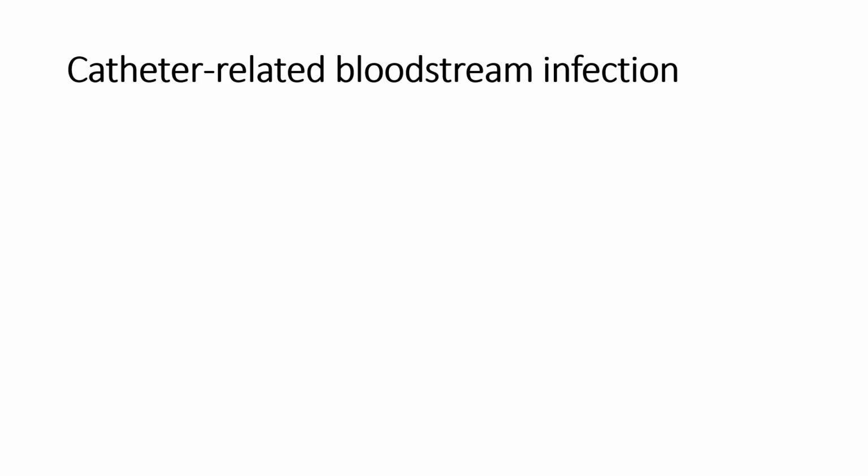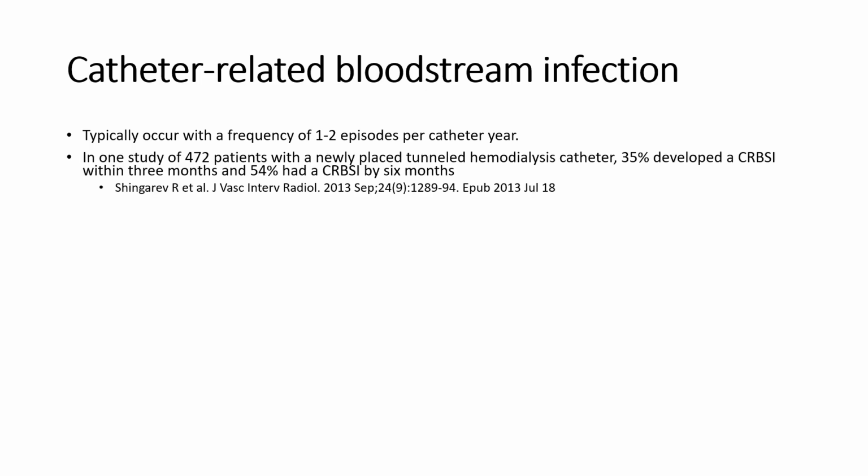Catheter-related bloodstream infections typically occur with a frequency of 1 to 2 episodes per catheter year. In one study of 472 dialysis patients with newly placed tunneled hemodialysis catheters, 35% developed a bloodstream infection within 3 months, and 54% had developed one by 6 months.